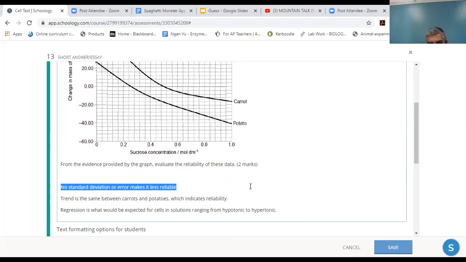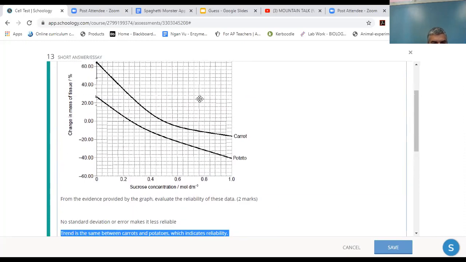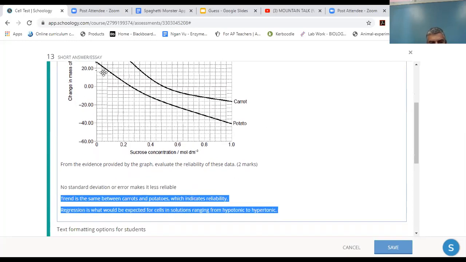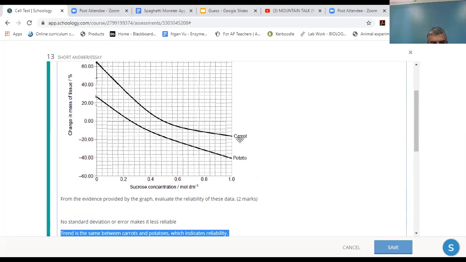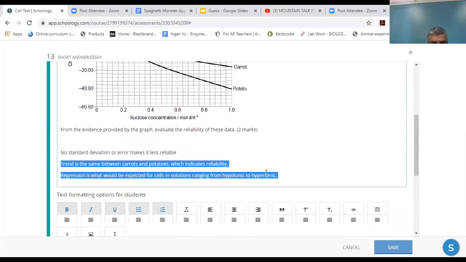What does make it reliable are these two things. They allowed these two. So the trend is the same between these two, and that indicates reliability. They mentioned that the curve or the trend was similar between these two groups, so that would indicate that this was reliable. They also said that this is what you would expect whenever you put cells into a solution that ranges from hypotonic to hypertonic.